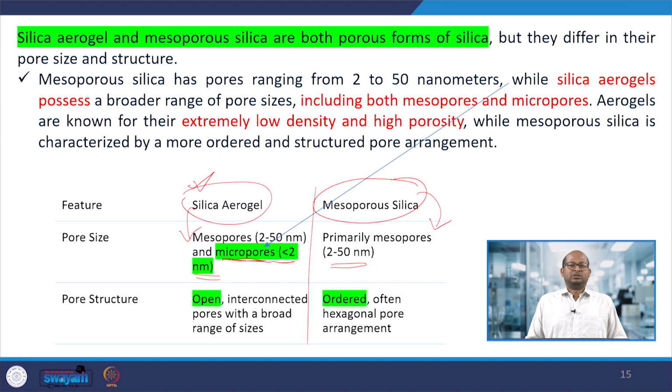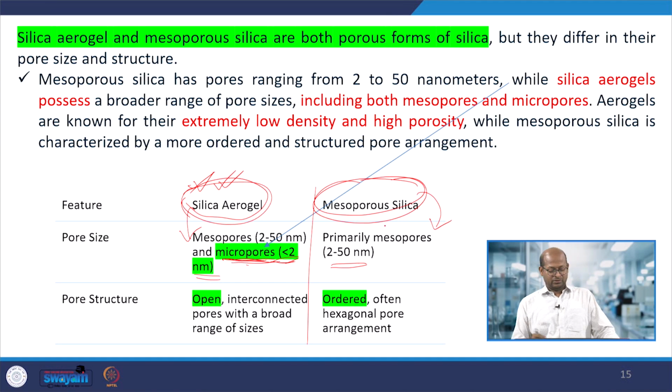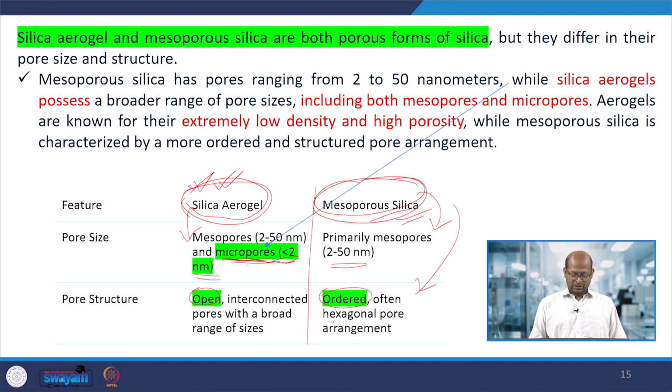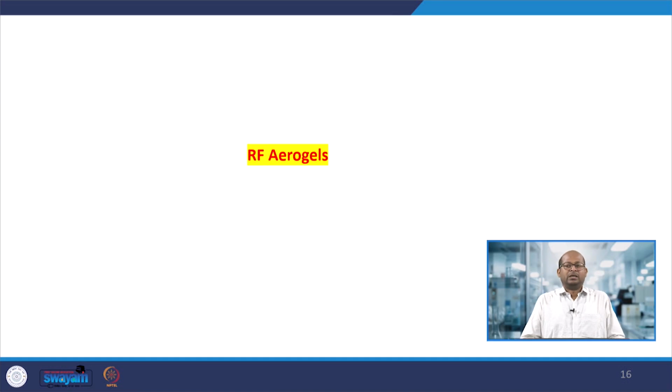The pore structures having a smaller diameter, less than 2 nanometers, remain as they are. Therefore this material is better, as more pores remain there, whereas in mesoporous silica the micropores are mostly destroyed. And see here the pore structures are open in the silica aerogels, while in mesoporous silica they are ordered, with a hexagonal arrangement of pores.